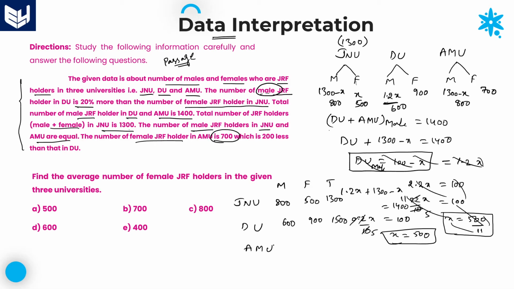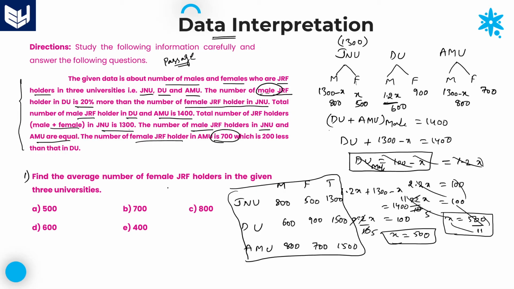Next AMU male employees 800, female employees 700, total 1500. These are the total 9 values of JRF holders in 3 universities. Now we got all the values. We just calculate the questions.